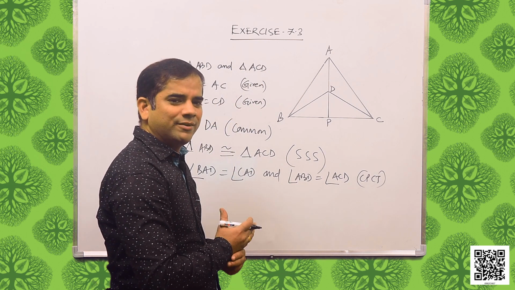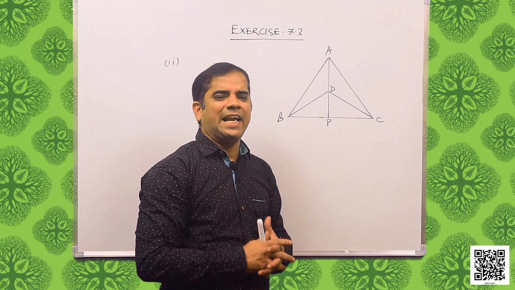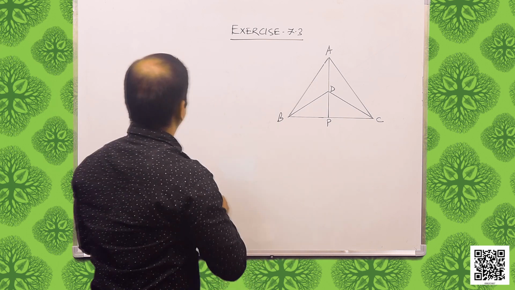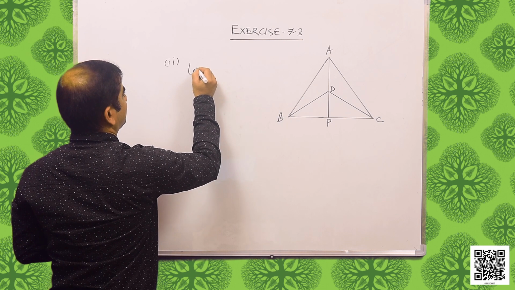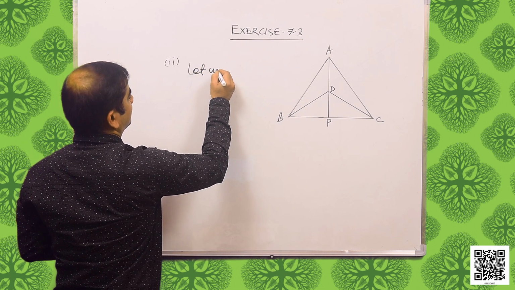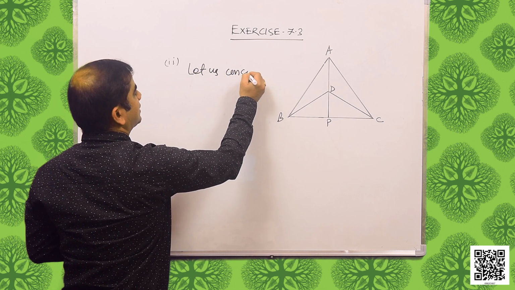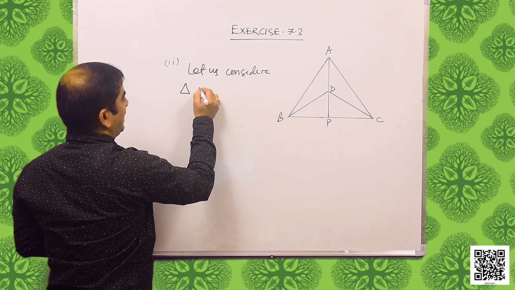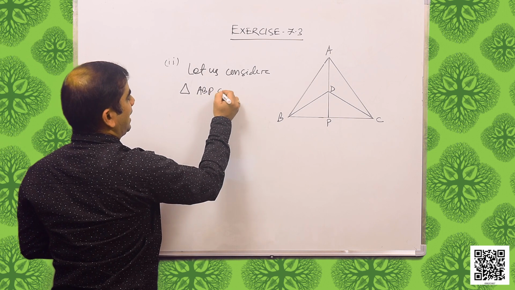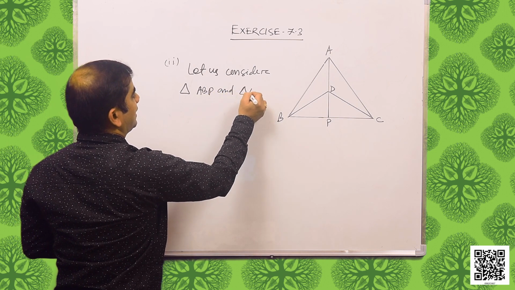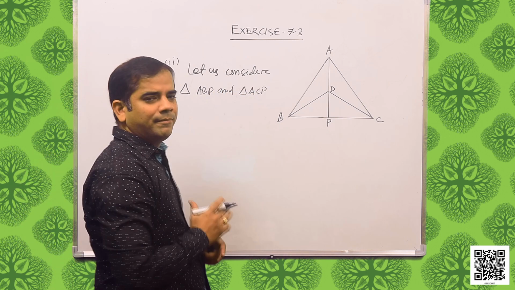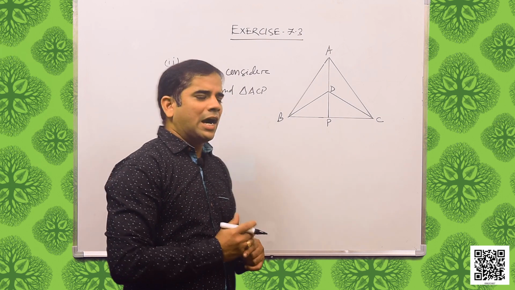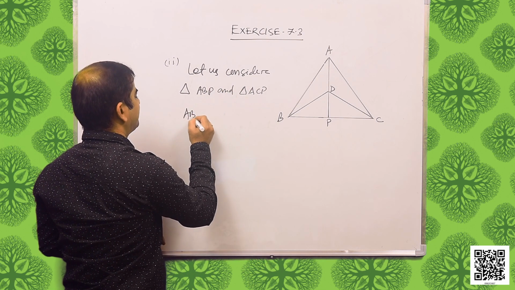Hope you have understood. So, let us consider triangle ABP and triangle ACP. What we have? AB is equal to AC.